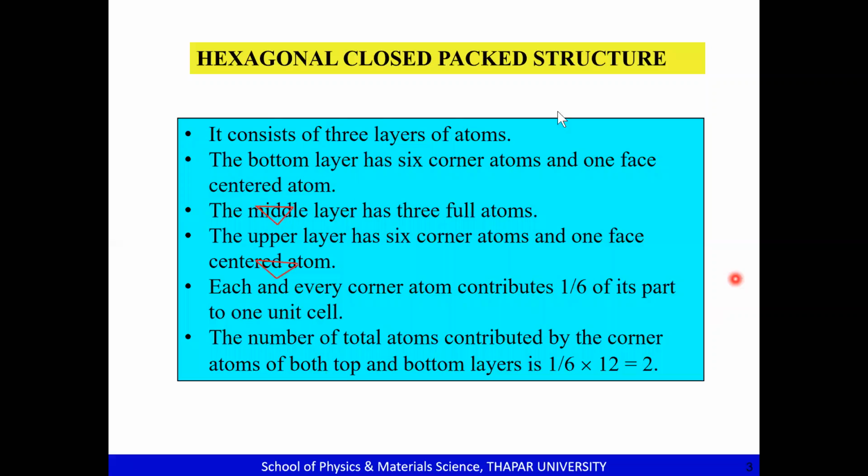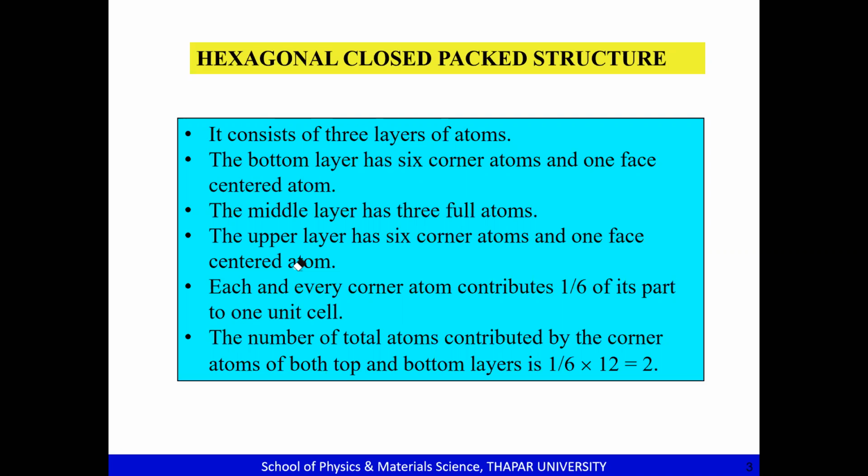Okay, so here are a few things which are important. What we have seen here in HCP, it consists of 3 layers of atoms, or you can say 3 planes of atoms. The bottom layer has 6 corner atoms and 1 face centered atom in each basal plane. So if you look at the basal plane, it has 6 corners and 1 face centered atom.